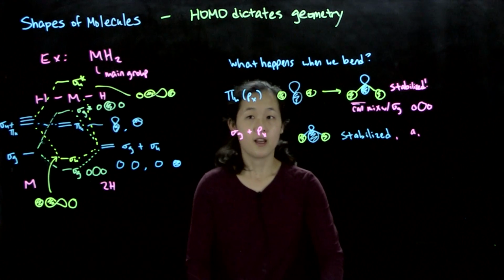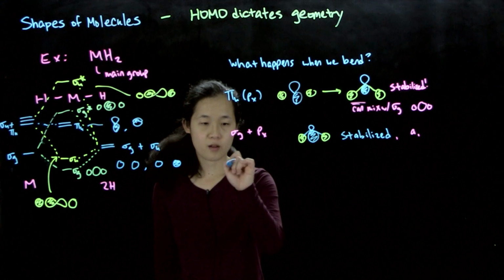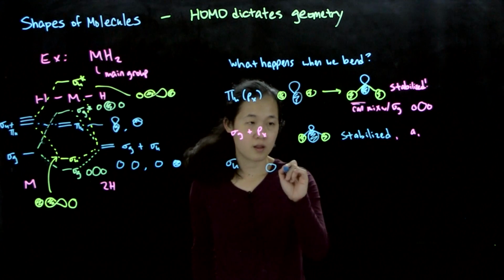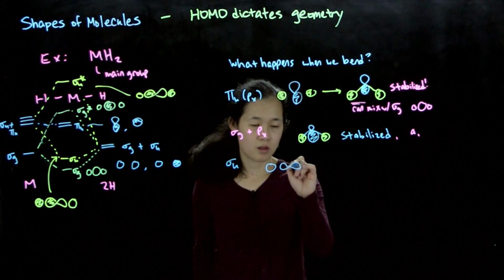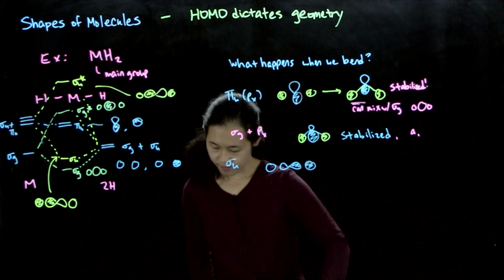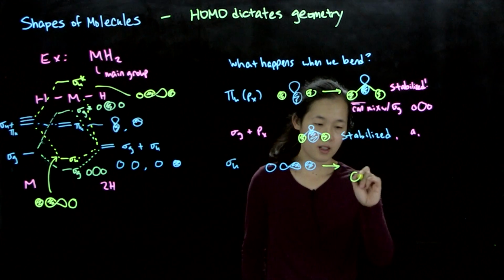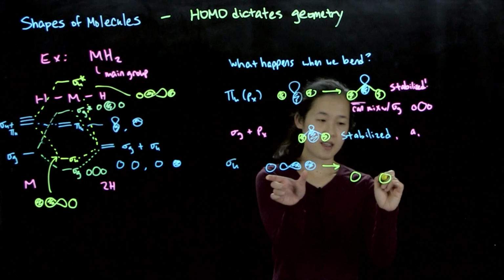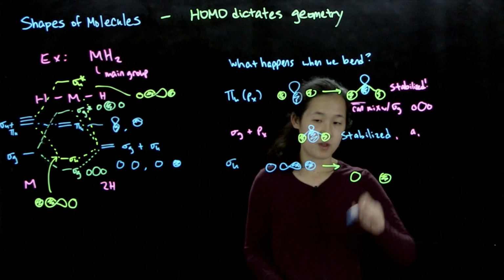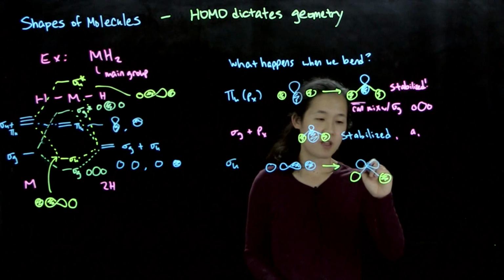Ta-da! OK. Similarly, if we take, let's say, our sigma u, which is this one, and then we bend it, our final product will look like this. These stay the same. We're keeping all the different atomic orbitals in the same phase, but we have changed the connectivity by moving the atoms around.